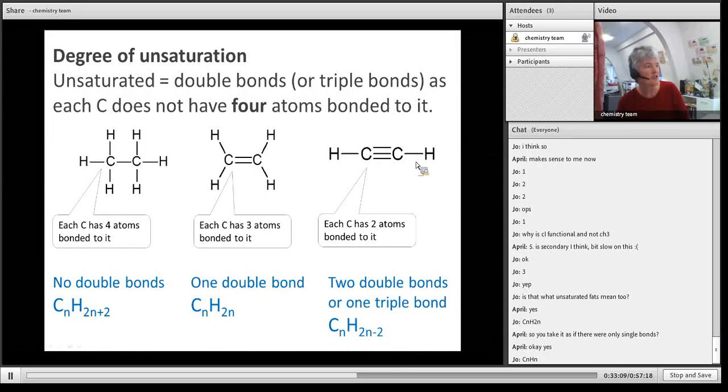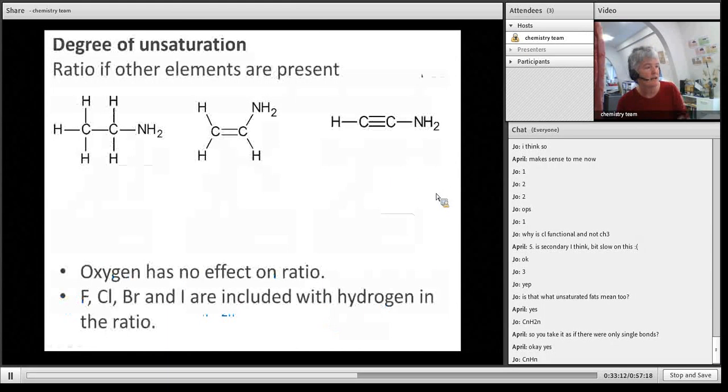So let's look at some examples. Okay, these are other formulas if I have other atoms present. If I have oxygen or fluorine, chlorine, bromine, and so on, it doesn't affect that ratio of CnH2n plus 2 for saturated, CnH2n for 1 unsaturation, and CnH2n minus 2 for 2 unsaturation.